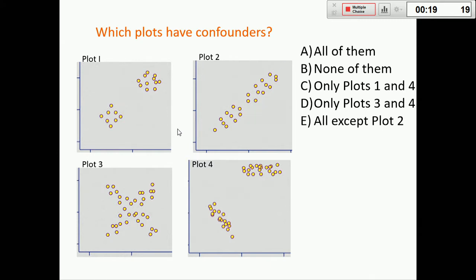You're going to have to picture this, so just go with what your intuition says, and then we'll look at it. Which plots do you think have confounders, where the overall slope, like this one right here, is confounded by group membership? So just pick a choice here.